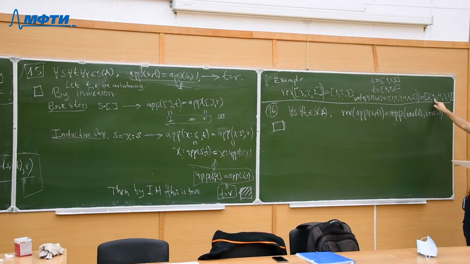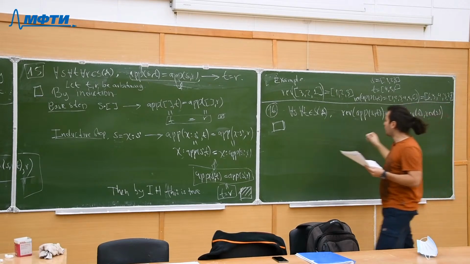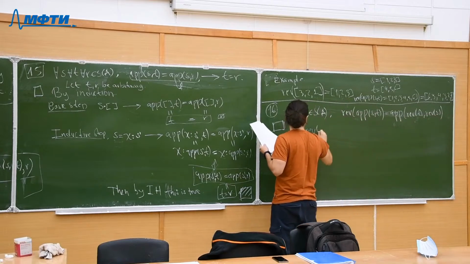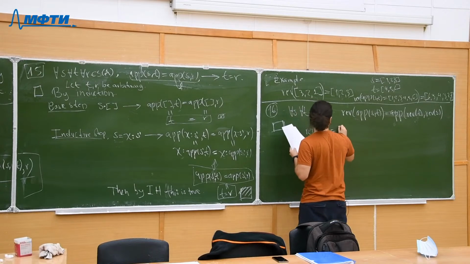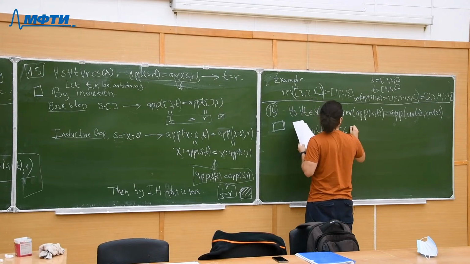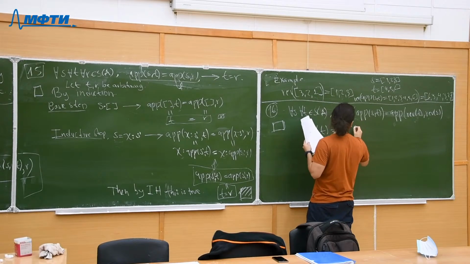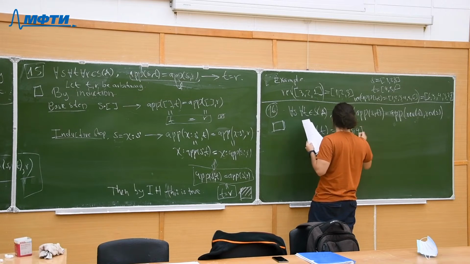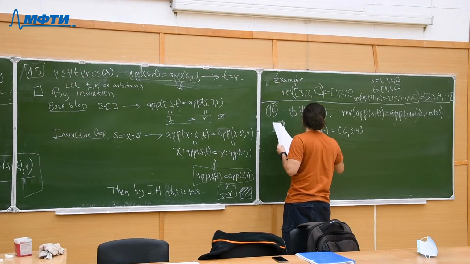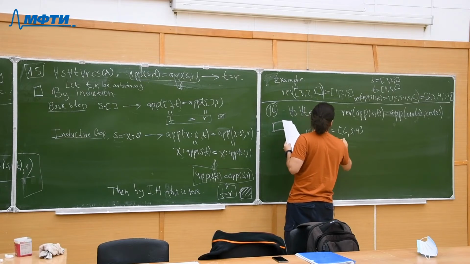Now let's check if this holds in this case. So what's the reverse of T? 6, 5, and 4, right? And the reverse of S is 3, 2, 1.